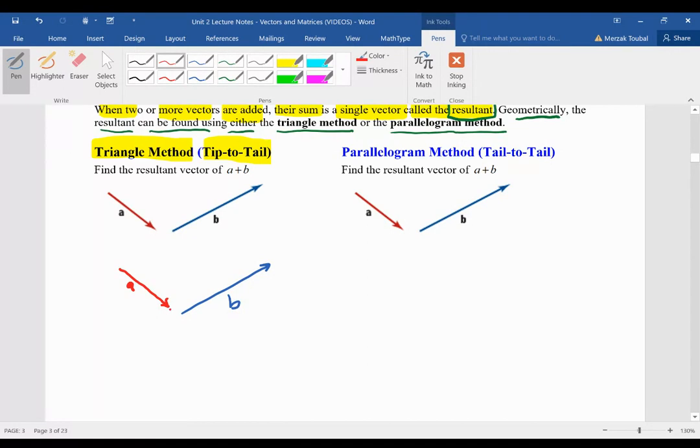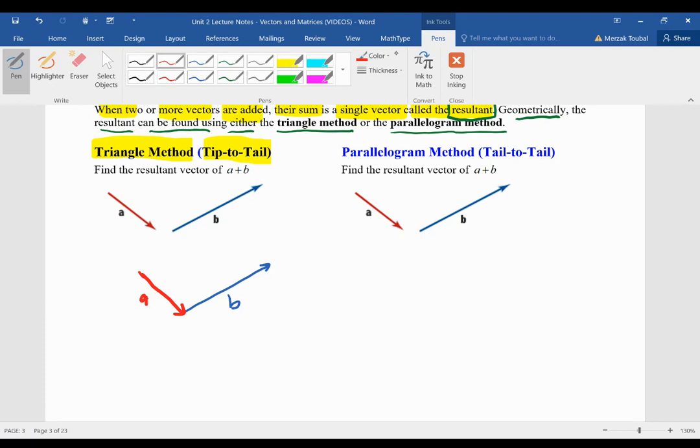So it means we have to translate vector A and connect the tip of vector A to the tail of vector B. Or you can translate vector B, connect the tip of vector B to the tail of vector A. So I'm going to go the easy way, which is the tip of vector A to the tail of vector B. So I'm going to erase this, just attach it. Okay, so now the first step is done.